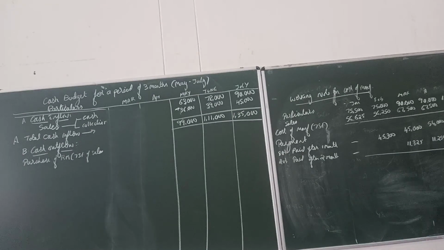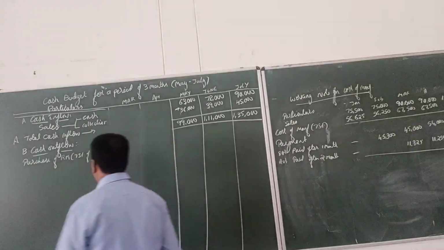May how much total? 54,000 plus 13,500, 67,500. Then 76,500. Will write the same answers. 87,750.